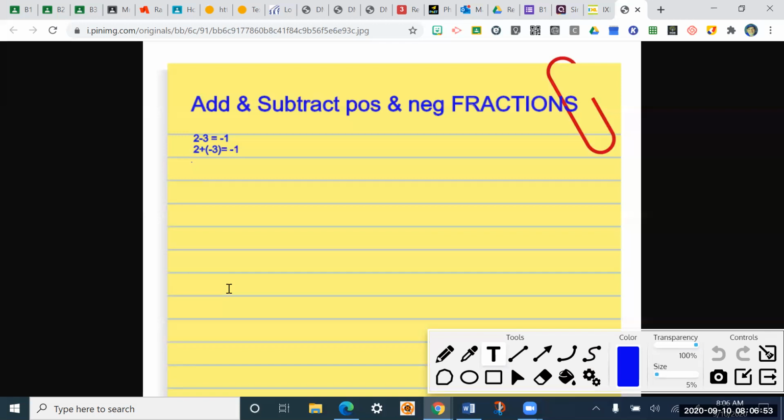Okay, so those are a couple of different ways you can see it. Before we do the fraction example, I just want to write same sign rule: if the 2 digits have the same sign, you add them and keep the same.